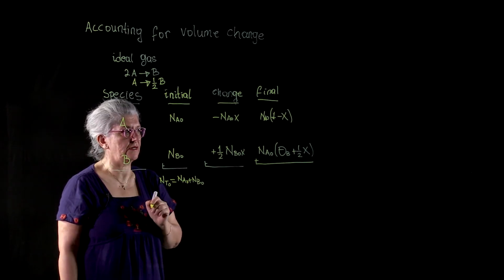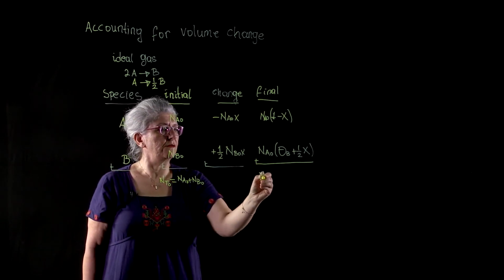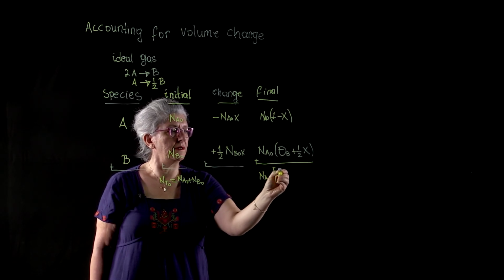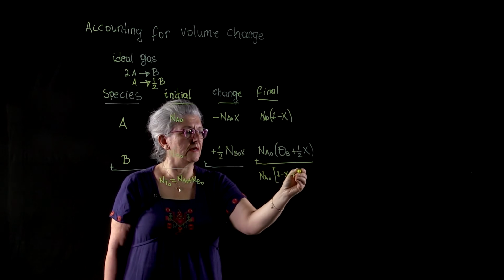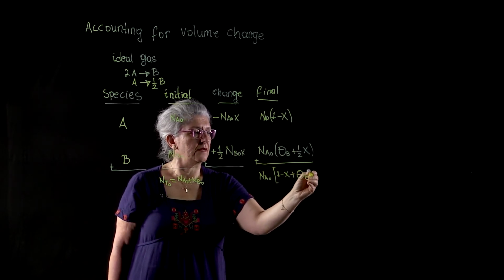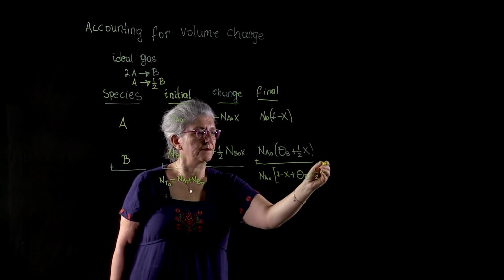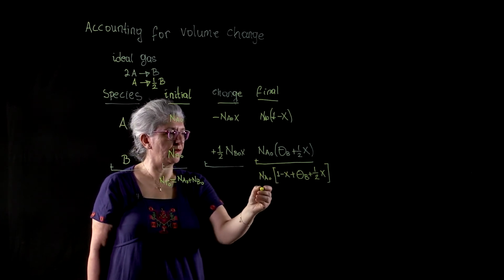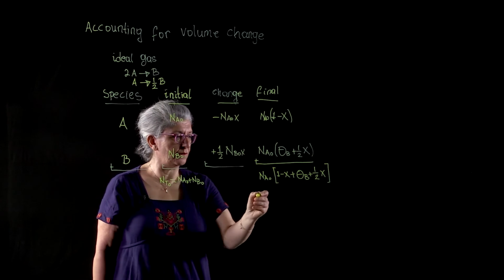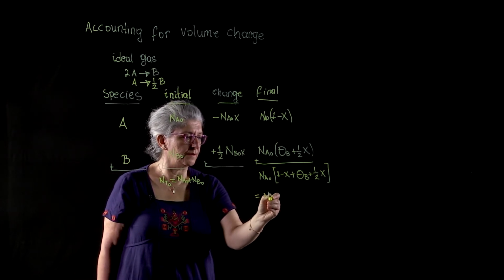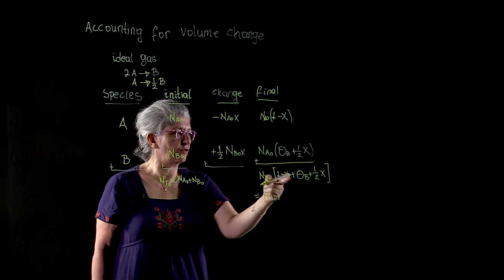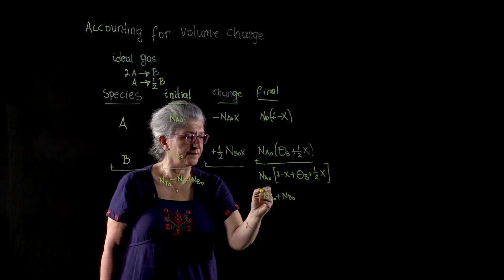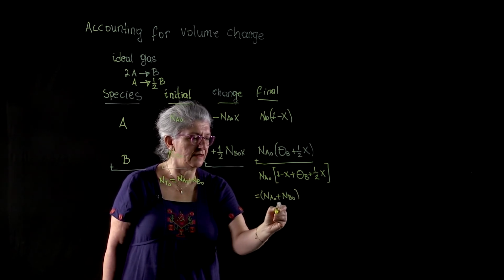At the end of the reaction, we have N_A0 times (1 minus X plus theta_B plus 1/2 X). So let's separate the terms with X and those without. We have N_A0 plus N_A0 theta_B, that is equal to N_B0. This is N_T0.